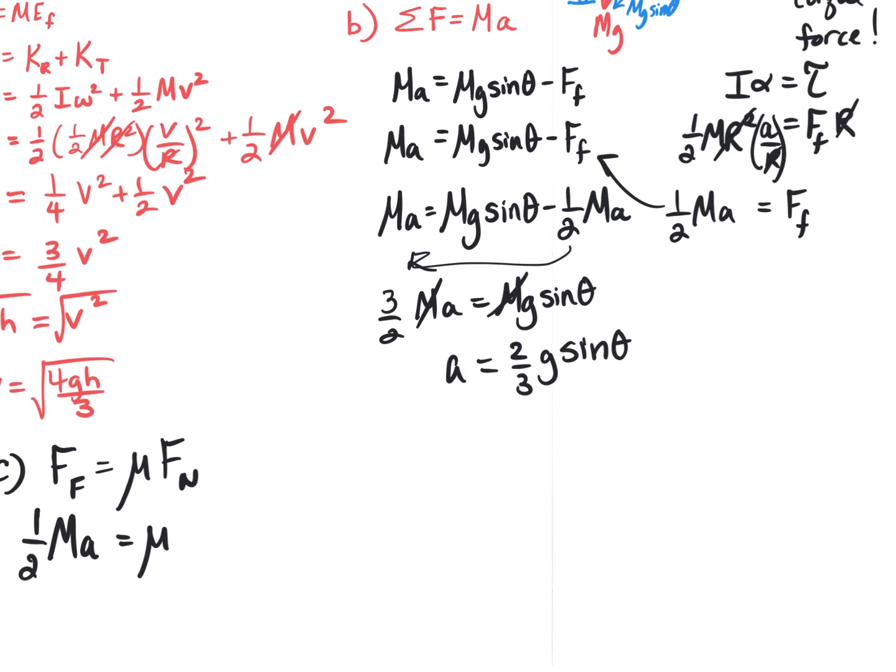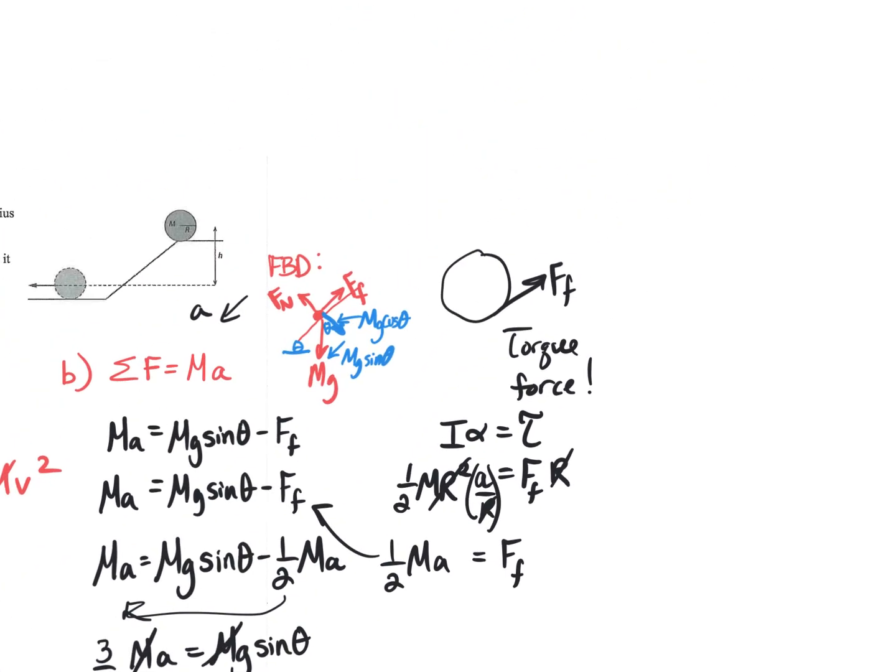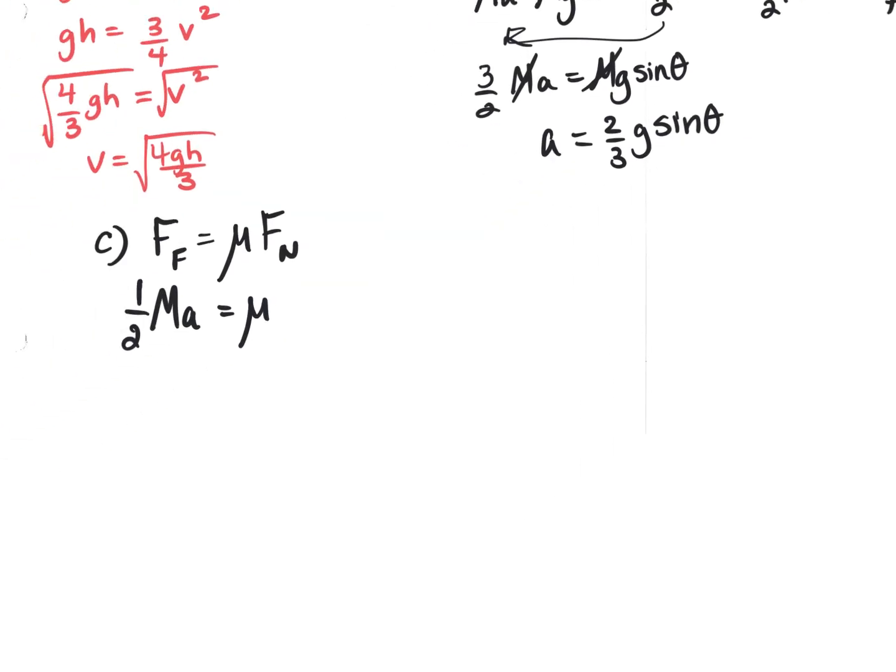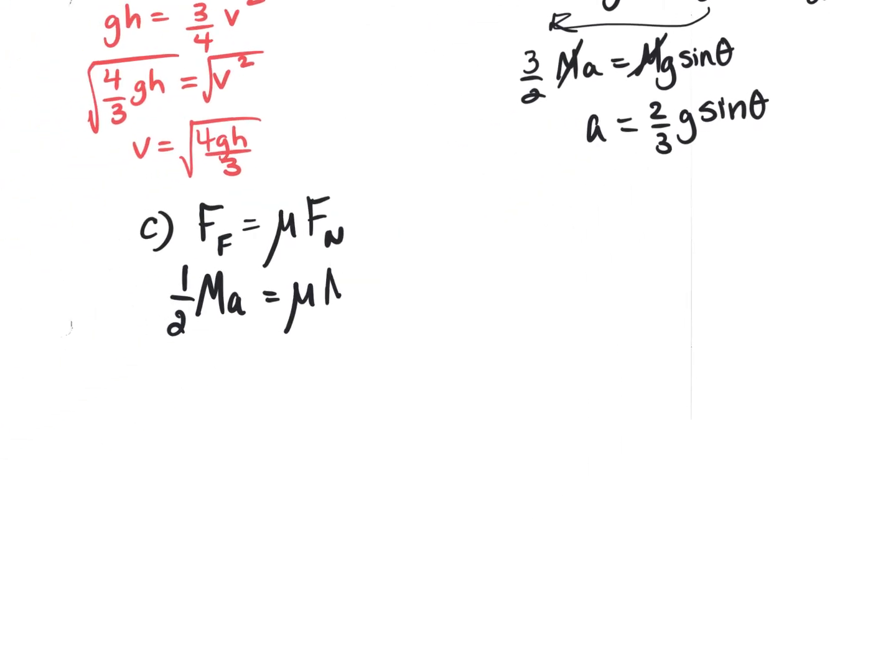Normal force, if you remember from our picture up here, is going to be mg cosine theta. M goes away again. So now we've got a over 2 equals mu g cosine theta, right?